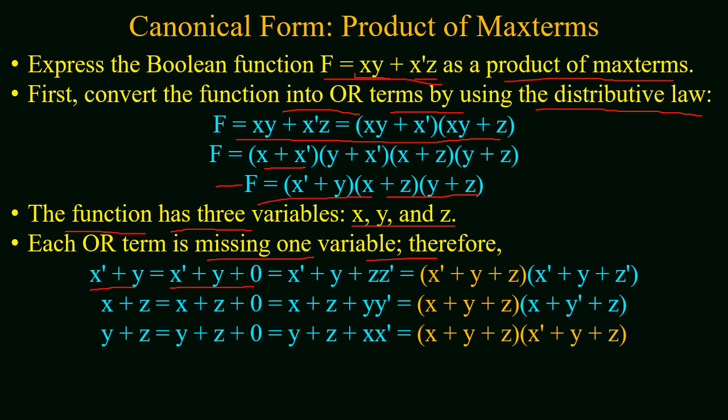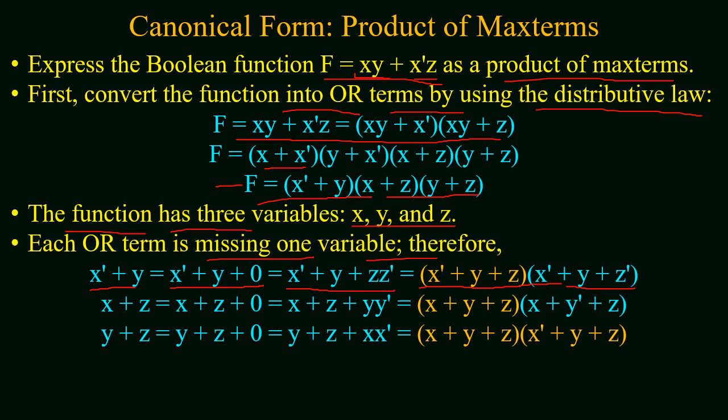So we will use the rule that adding 0 won't affect the overall equation, and this 0 can be replaced by the product of z dot z prime, which is the missing variable. And further using the distributive law, we will have two terms. The first one is x prime plus y plus z, and the second one is x prime plus y plus z prime.